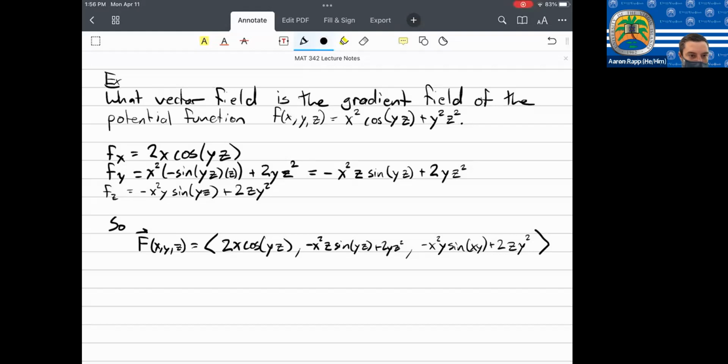There we go. Scale them down. There we go. That's a rough shape, a rough idea of what's happening in 3D with that vector field.